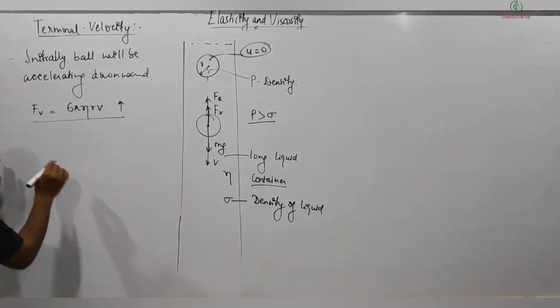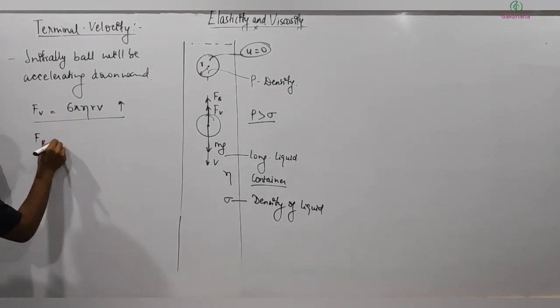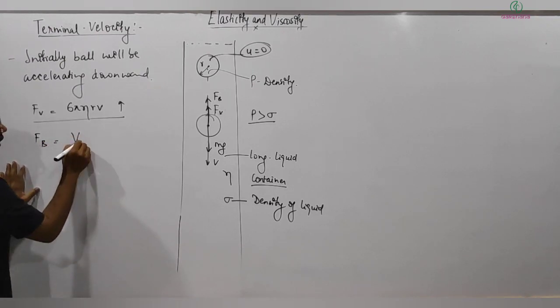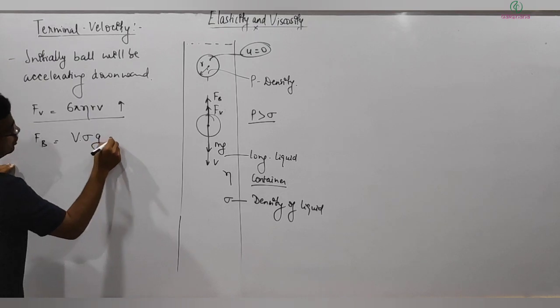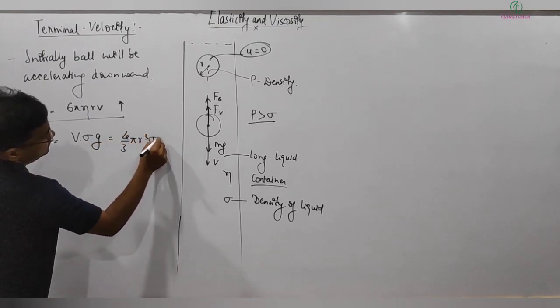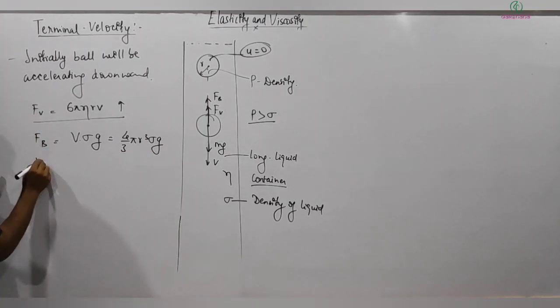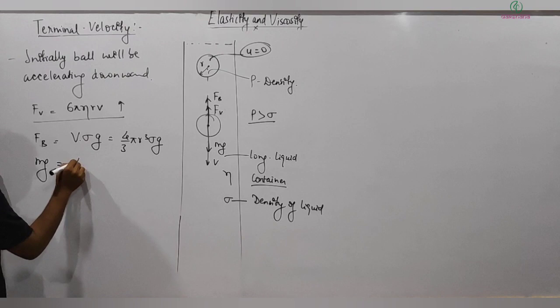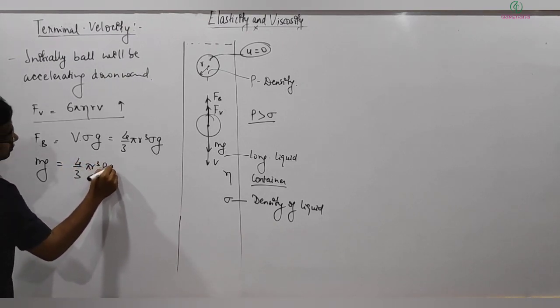And buoyancy force is constant: volume into density of liquid sigma into g, so 4 by 3 pi r cube multiplied by sigma into g. And the weight mg will be downward, 4 by 3 pi r cube into rho into g.